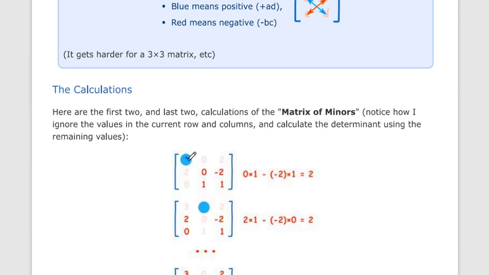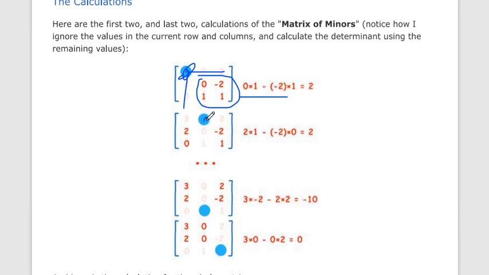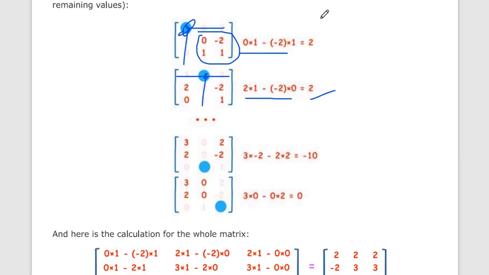First of all, we take the first row, first column and ignore that row and column. Then this is a minor matrix, and we find its determinant. Then for second row, second column, this will become a 2 by 2 matrix, and we find its determinant. So for all the values we have to find the determinant of the minor matrix.